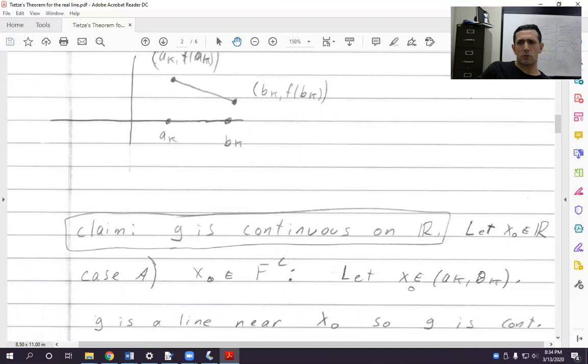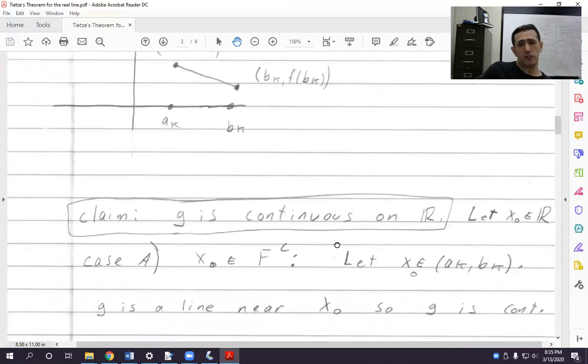But this is an open interval, so in a neighborhood of x_0, g is a line in either of these three cases that we talked about before. Okay. So g is absolutely trivially continuous at x_0. Again, in a neighborhood of x_0, we're still in a_k to b_k because it's an open interval, and g is a line on a_k to b_k, so g is continuous at x_0.